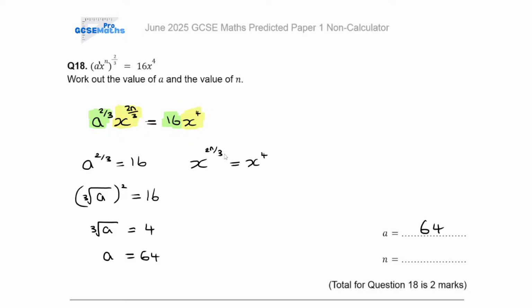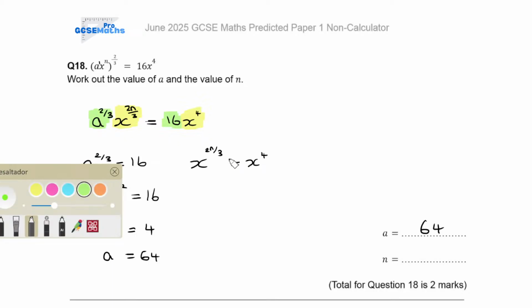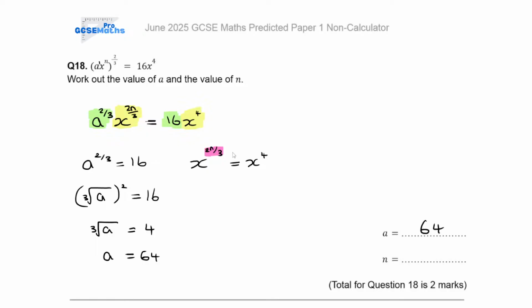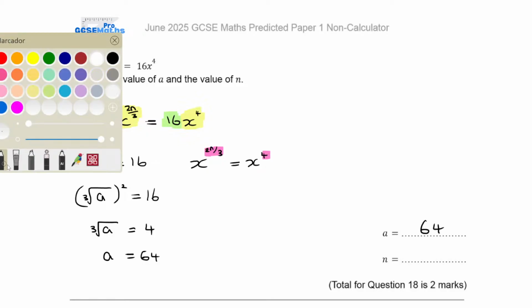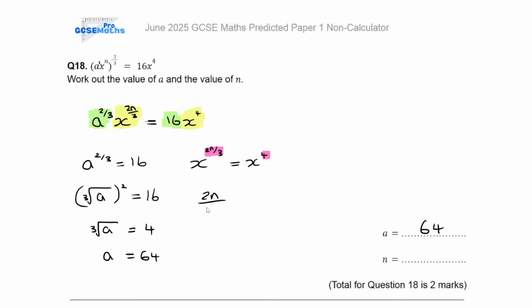If I've got x to the power of something is equal to x to the power of something else, at that point I can literally just compare the powers, like make these into an equation because the x's are kind of irrelevant. So I get 2n over 3 is equal to 4, and then you just solve that. So 2n is 12, n is 6. So you should get 64 and 6, okay?